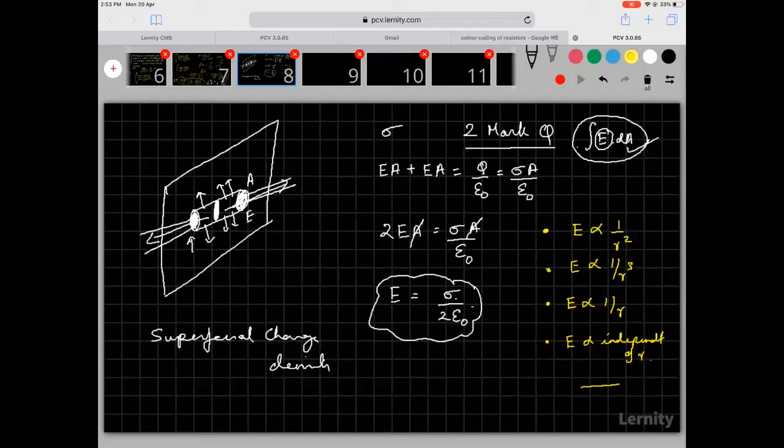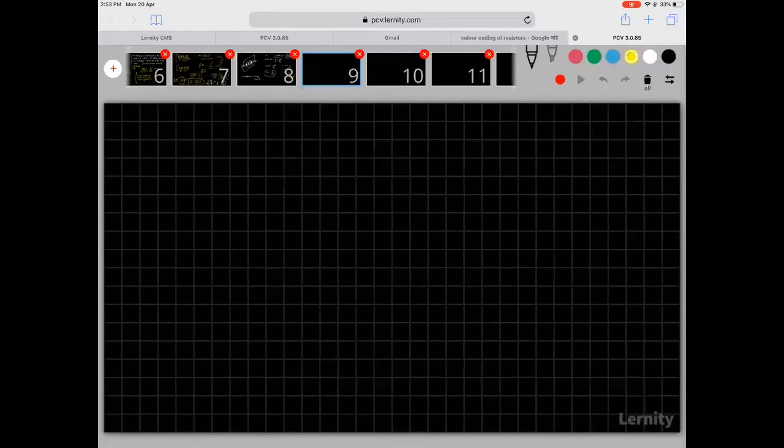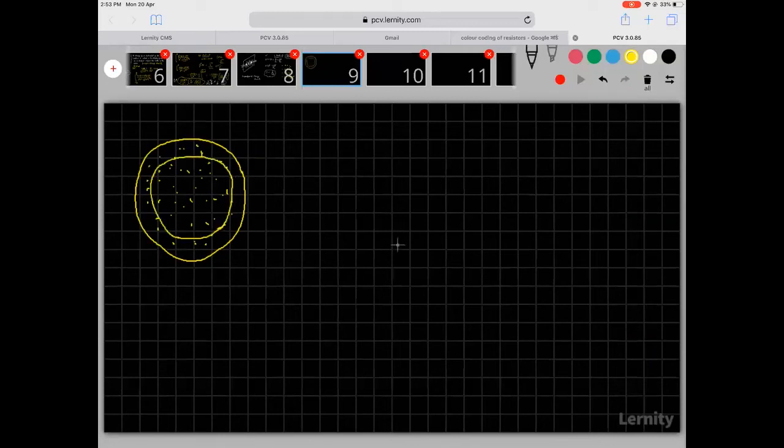The next situation is the electric field. Suppose I have a conductor and I have given it a uniform charge distribution. In the last class I explained to you that in this case, if I consider a Gaussian surface here, one, charge is static.